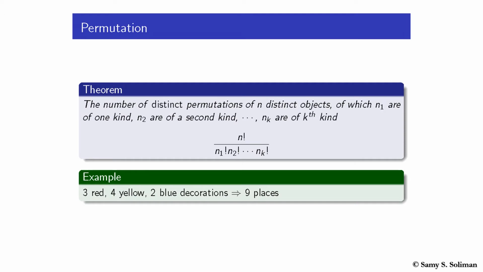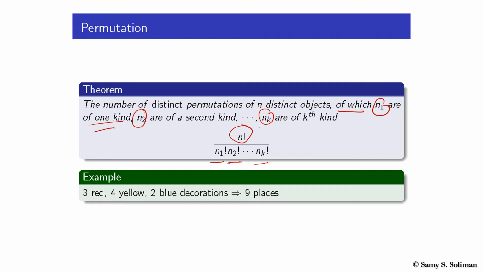The permutation theorem can be generalized more, so that if we want to calculate the number of distinct permutations of n distinct objects, but now instead of choosing r at a time, of those n objects, n1 are of one kind, n2 are of a second kind, and so on, nk are of a kth kind. In this case, the number of distinct permutations is calculated as n factorial divided by n1 factorial times n2 factorial, and so on.